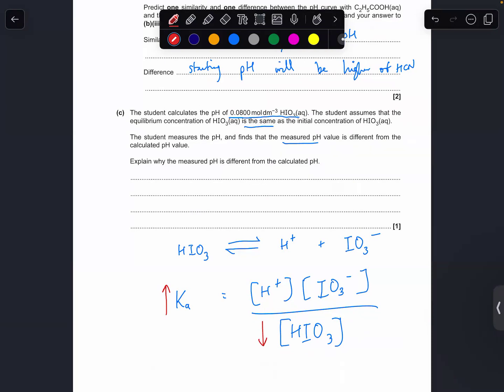So putting that into words, it's got a large Ka value, meaning a stronger weak acid.